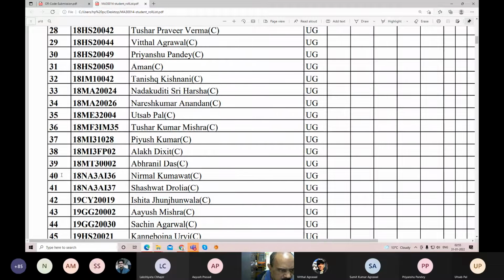Sir, 36, Tushar Kumar Mishra is present. 37 Piyush Kumar. Sir, 38, Alak Dikshit present. Abranil Das, Nirmal Kumar. Who is there? Tell me. 36 is there. 38 is also there. 31 is Aman, Aman is there.